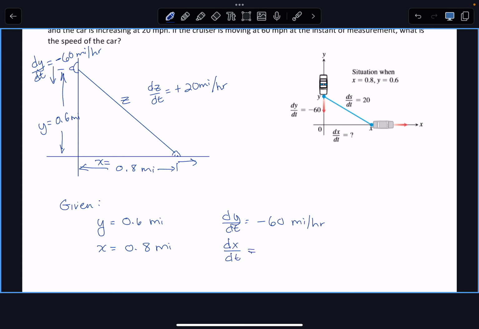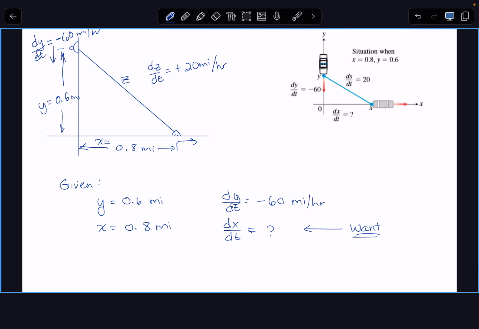That's what we're actually looking for, right? This is what we want, because we want to know how fast the car is going. We don't know z yet, and we do know dz/dt was equal to 20 miles per hour. All good with my givens and what I want?